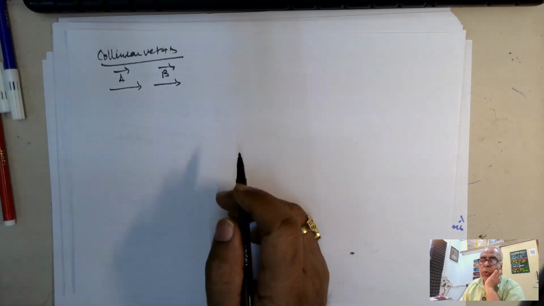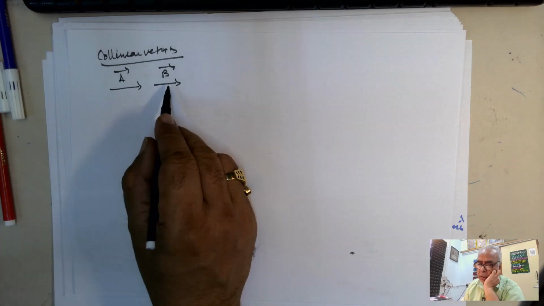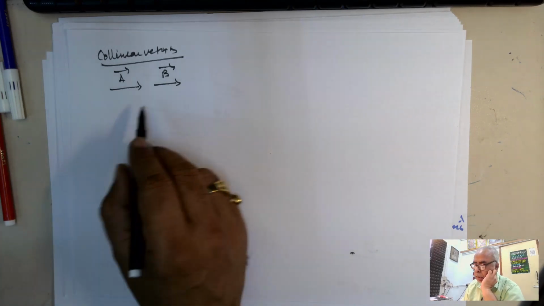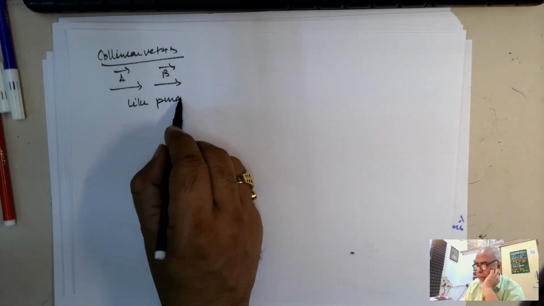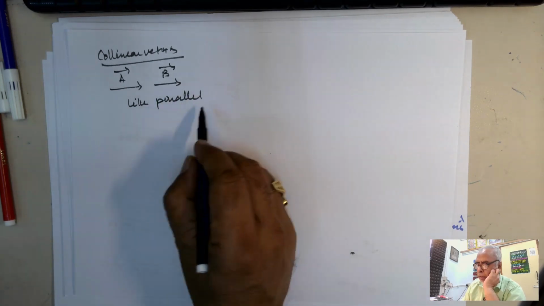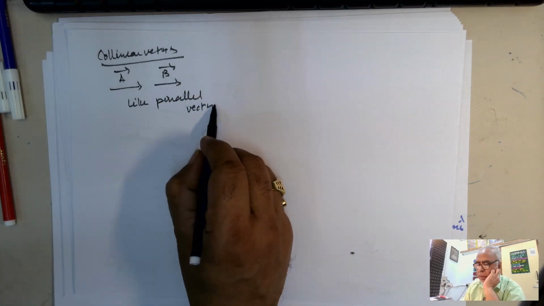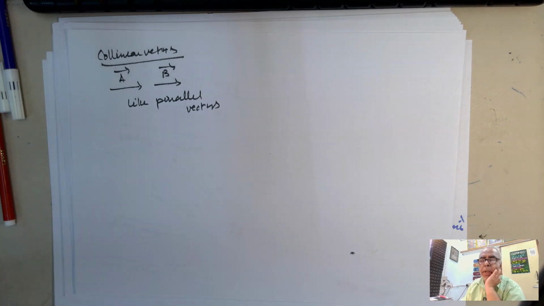When the two collinear vectors are in the same direction, they are called like parallel vectors. Take down, like parallel vectors.